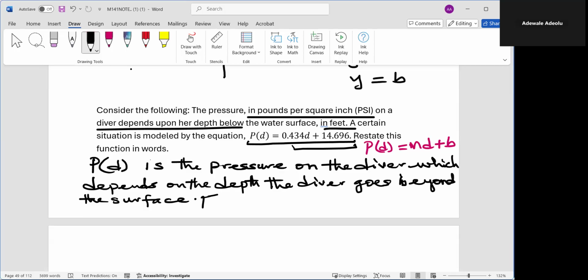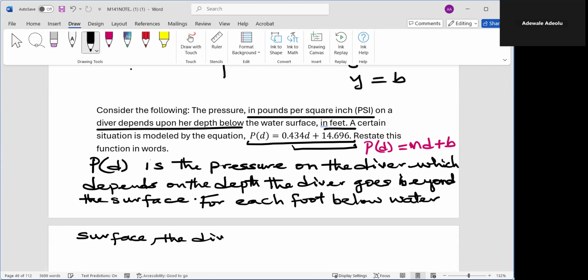I hope that makes sense. So for each foot below the water surface, the pressure on the diver increases.